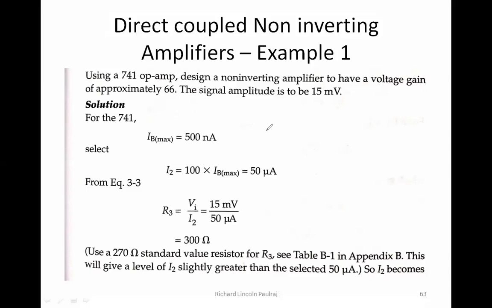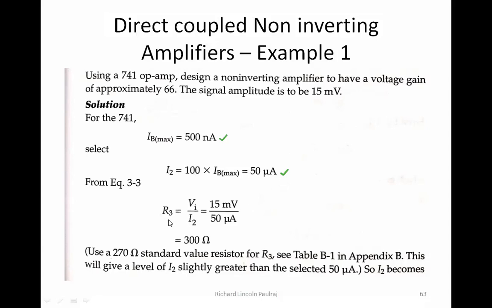Multiply 100 with 500 nanoamps and just check if we are getting 50 microamps. So I think with this we are clear with IB max. Can I have some responses? Yes, sir, same value. So which means 50 microamps is also correct? Yes, sir. Okay, fine. So the reason why we are doing this is because I2 is much larger than IB, right? So we take it as 100 times and it becomes 50 microamps.